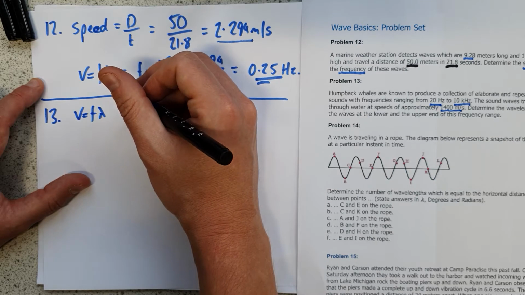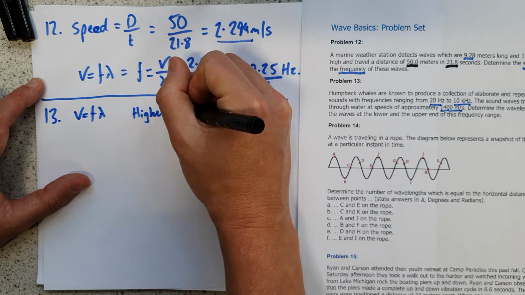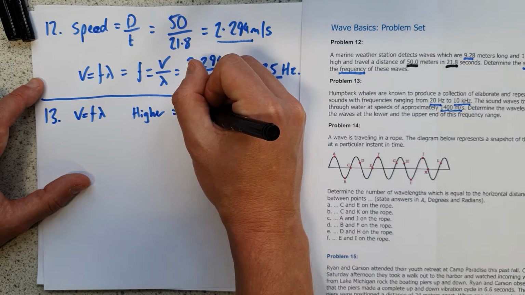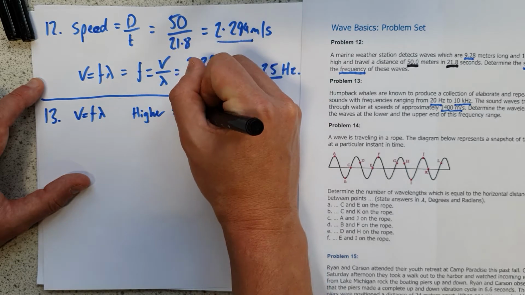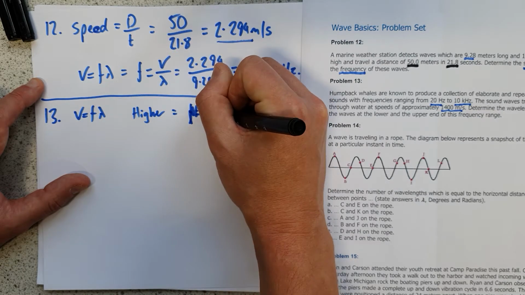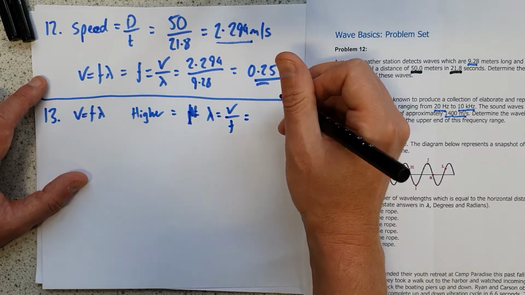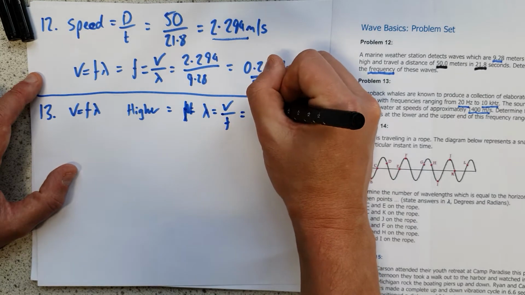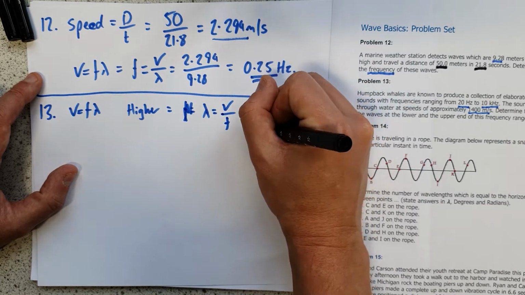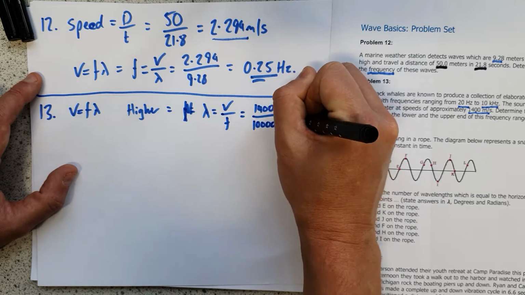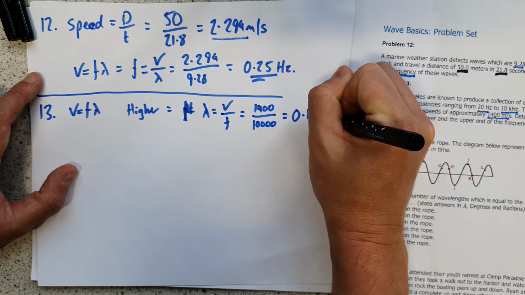For the first one, we'll do the higher range. We know the frequency, we want to know the wavelength, and that is equal to v over f. So the velocity of the wave is 1400, and the frequency in the upper range is 10,000, and if we put that into a calculator, that gives us 0.14 meters.